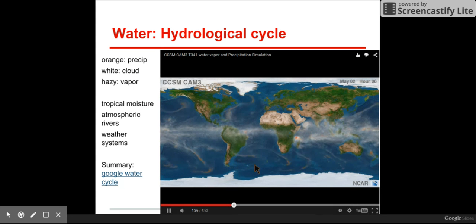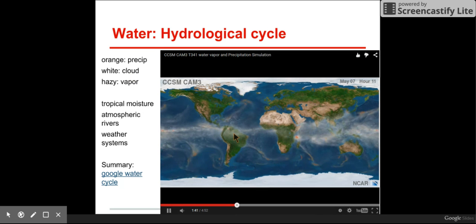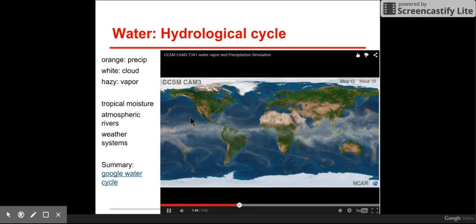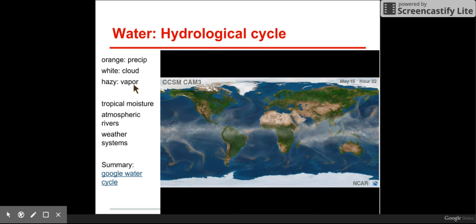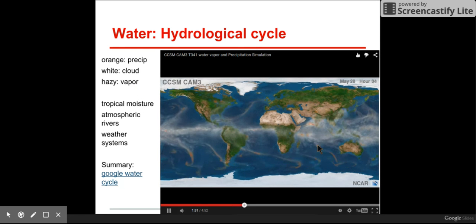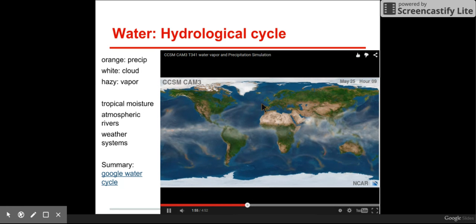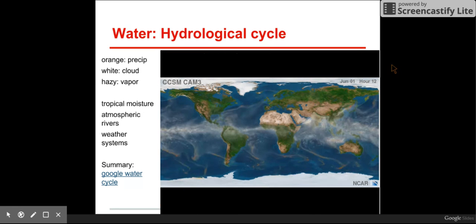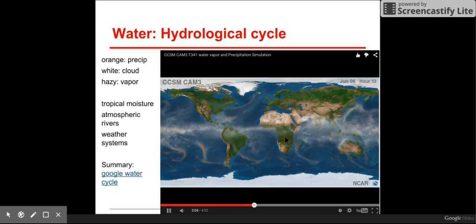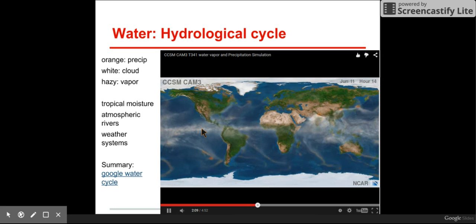White represents clouds, which are made out of liquid or frozen particles of water. And water vapor is depicted by these hazy regions that you see mostly in the tropics, but also in little wisps in the extratropics as well. A few features that you see here is that much of the water vapor and precipitation occurs in the tropics, where it is very warm.